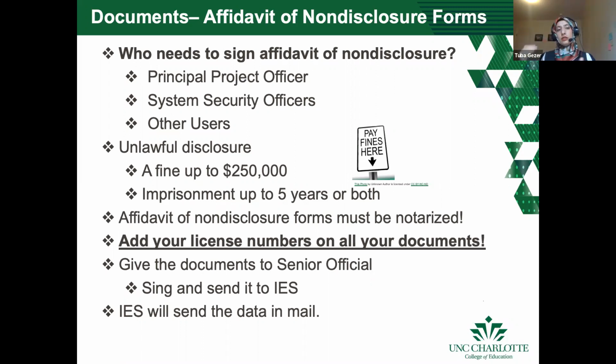Also, once you get the data, you cannot just use the CD and upload the data. They will send a token to your principal project officer, and you will get that token from your principal project officer with your system security officer to have access to the data on the computer. And before you upload the data, you have to disconnect your computer from the internet.